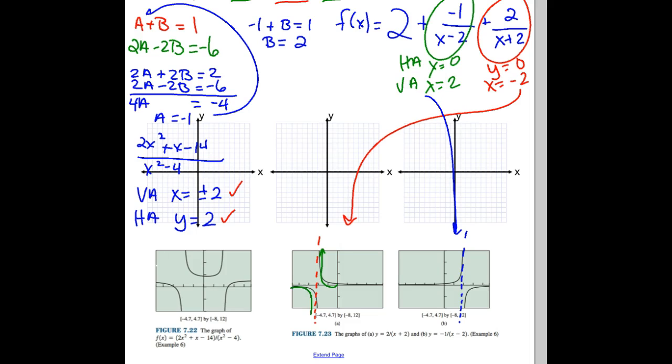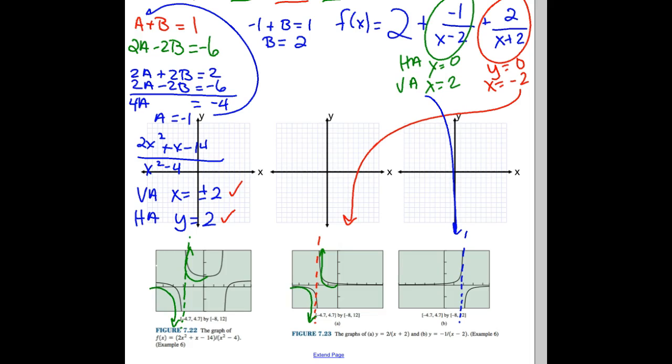On the left, I'm heading towards negative infinity. Yes? Look at your original picture. As you approach this line, are you going up on the right and down on the left? So those match, yes? So this part of my whole piece, this partial fraction, is affecting that behavior on my graph. Does that make sense?